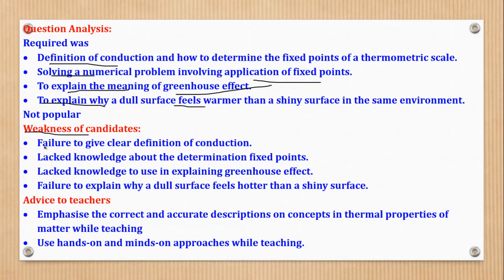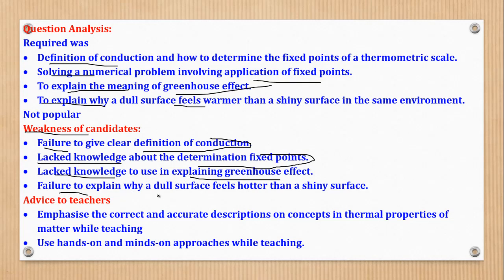So the weakness is failure to give a clear definition of conduction. Like I told you, there's the last part, most students forget it. Then students lack knowledge about the determination of fixed points. Students also lack knowledge to use in explaining greenhouse effect. Those things of long wavelength, short wavelength, penetrating power, energy, are not seen in the explanation.